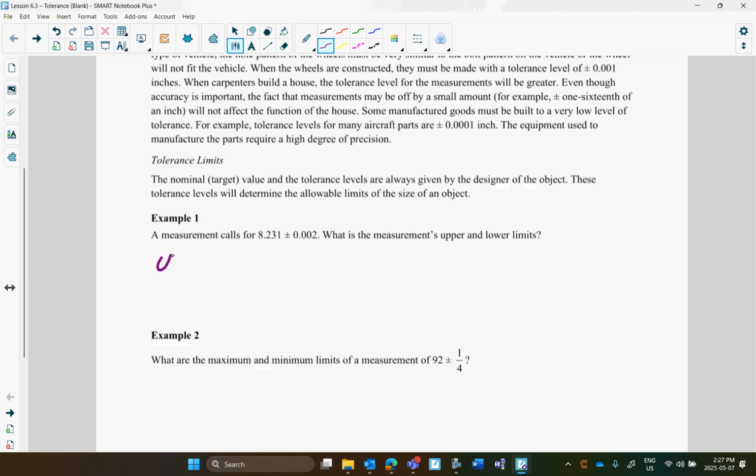So for the upper, we take the nominal value, 8.231, and because we're going upper, we add the tolerance that is given in this case. So we get 8.233.